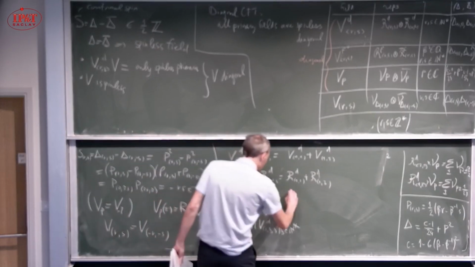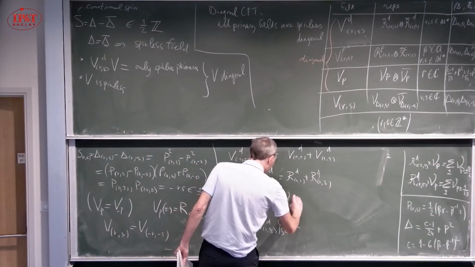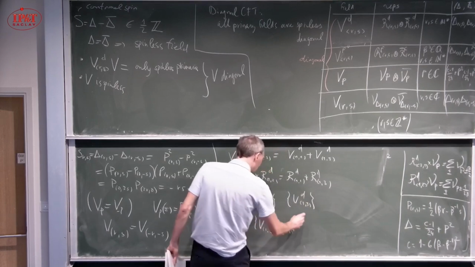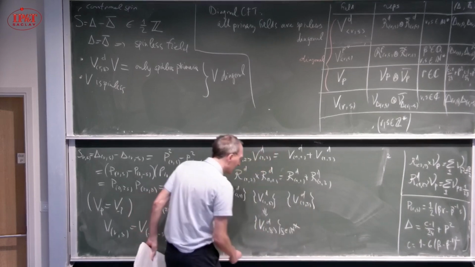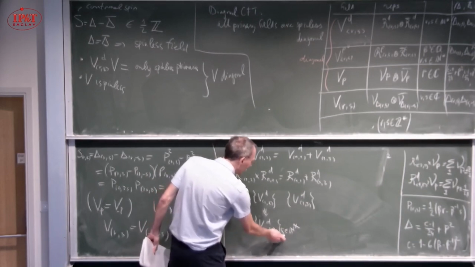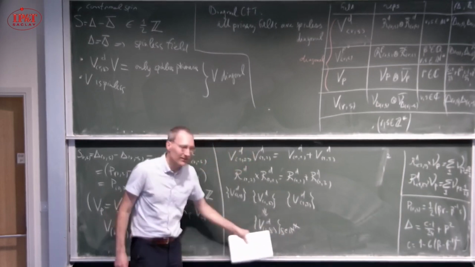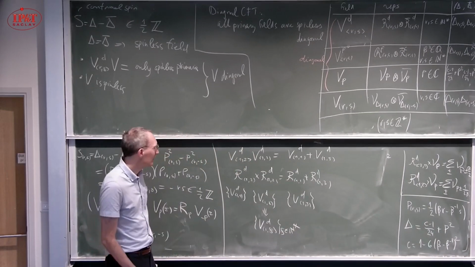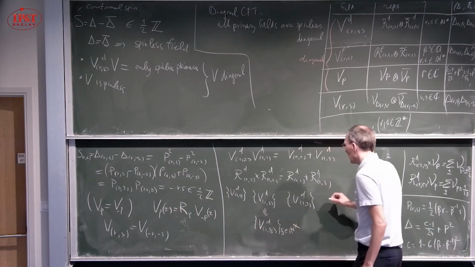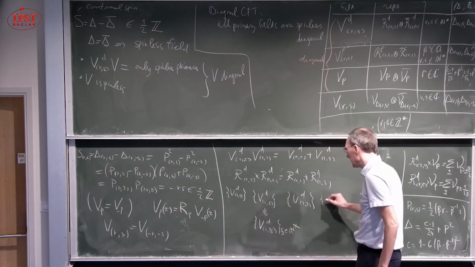Okay, so from V_{12} I generate all these. So if I start with V_{13}, I would generate again an infinite family of fields, but only with odd indices now. So fusing odd with odd remains odd. Or I could have several degenerate fields.